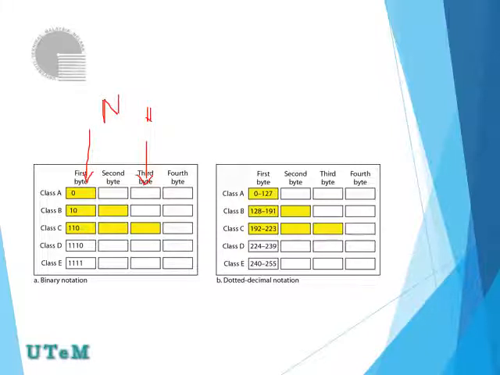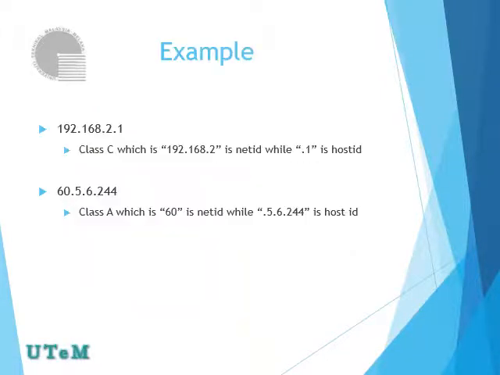So in class A, only the first byte is assigned to net and the rest is assigned to the host. This is in binary and this is in dotted decimal notation.